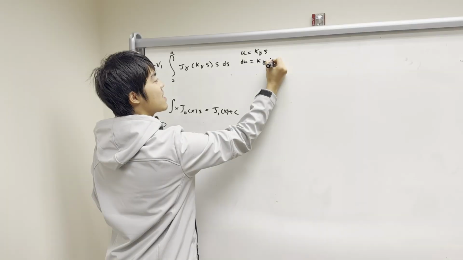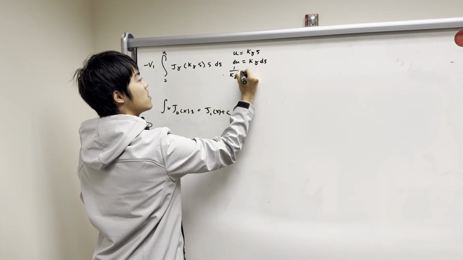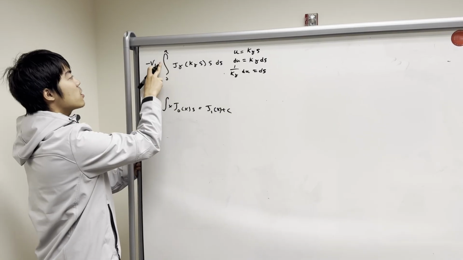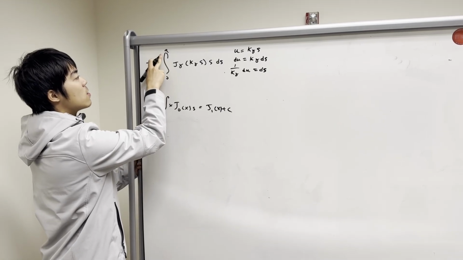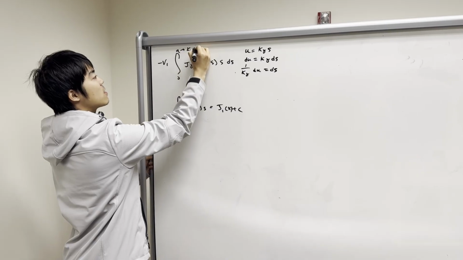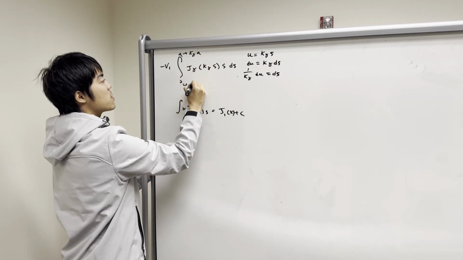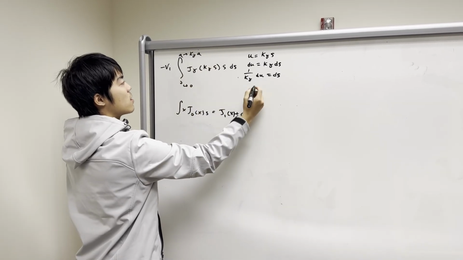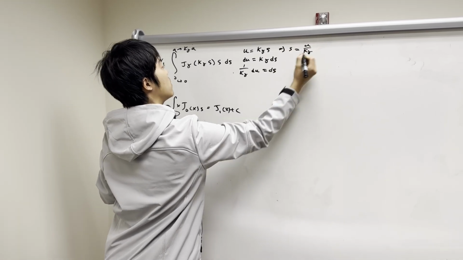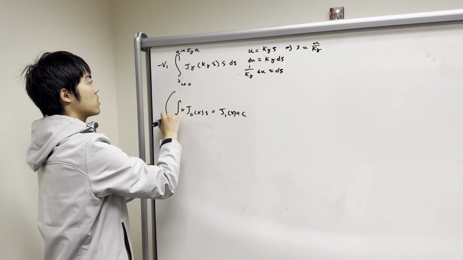k gamma ds, and 1 over k gamma du is equal to ds. And now this parameter here, this a, would become k gamma times a. This parameter on the bottom stays 0. s is equal to u over k gamma. Okay, so let's simplify this.